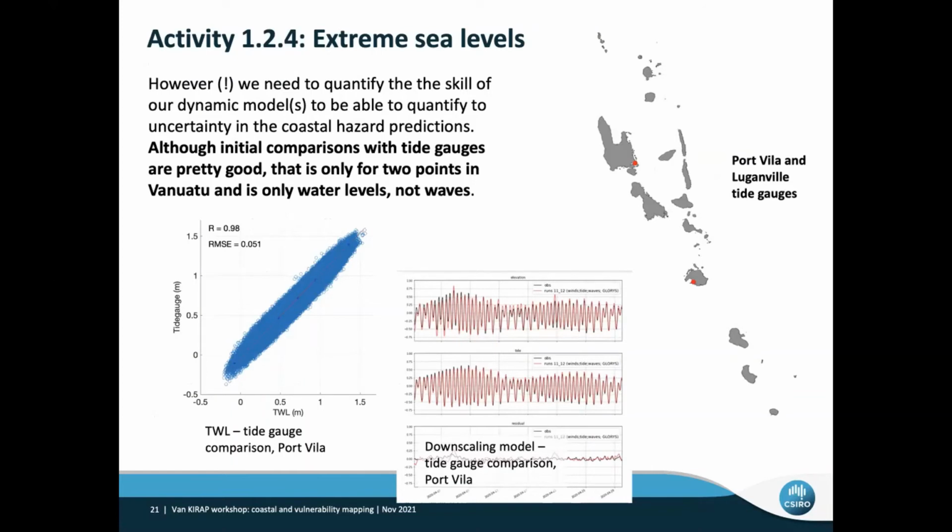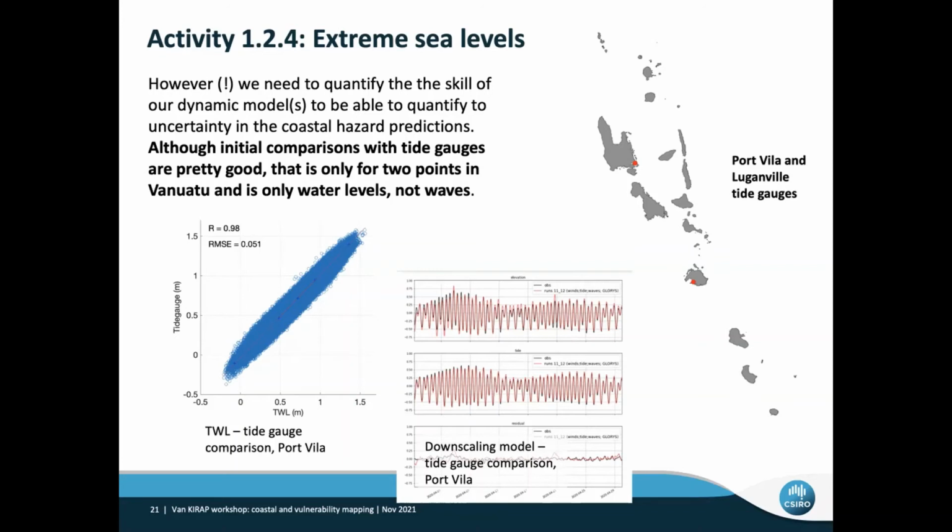And at the present moment, we really don't have enough observations to, as Vanessa said, calibrate and validate or verify our numerical coastal hazard model. So right now, as you've seen, we're relying pretty much only on the tide gauges at Port Vila and at Luganville. And these initial comparisons are pretty good.